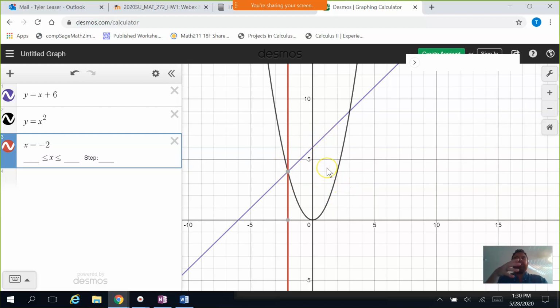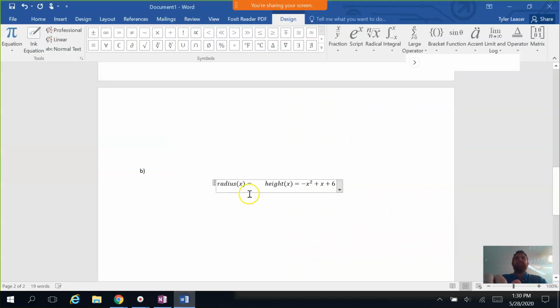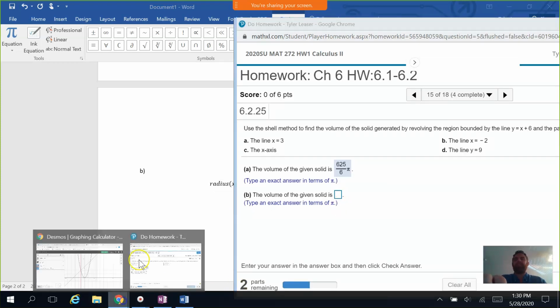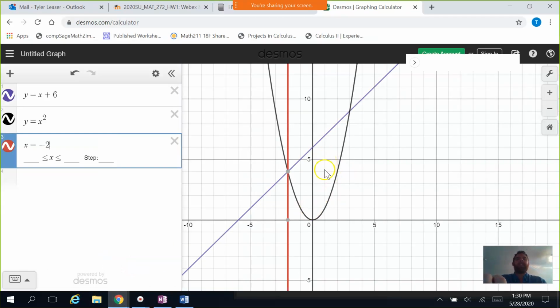Now there's a couple different ways to do it. The easiest way, I think, is just going to be x plus 2. Right? Because if I'm located here at 1, that means that I'm a total distance of 3 from the axis of rotation. So we're going to take that 1 and then add the 2 to be x plus 2.